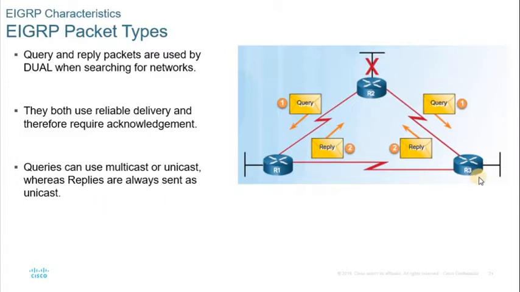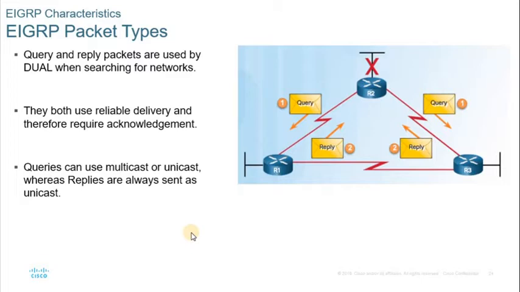Of course, query is like a broadcast, so it can take the form of multicast or unicast. For example, let's say R1 is sending a query to R2 and R3, so that is multicast. But in terms of a reply packet, of course, there's only a specific packet for that particular router. That's why replies are always sent as unicast.